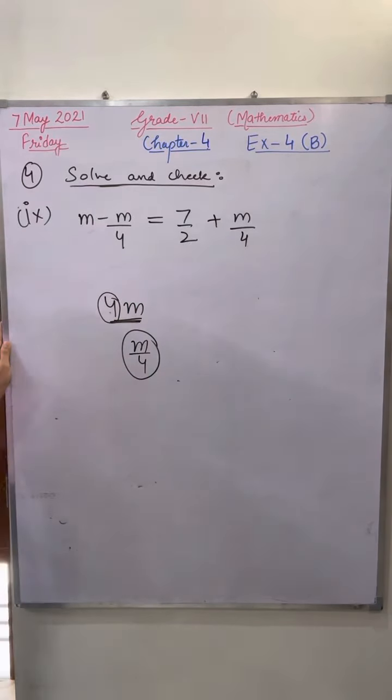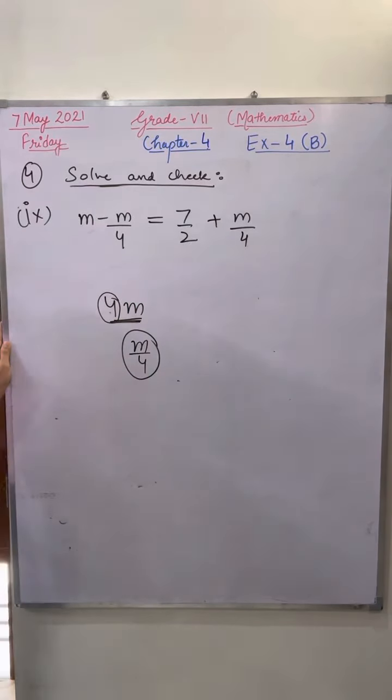Now please tell me, at last which method will I apply here, because I want only m on the left hand side. I want to remove the 2. So what should I do? Sanchit, 2 is already in division. Very good, Mavish, Saloni, Sanchit. So you have to apply the multiplication method.